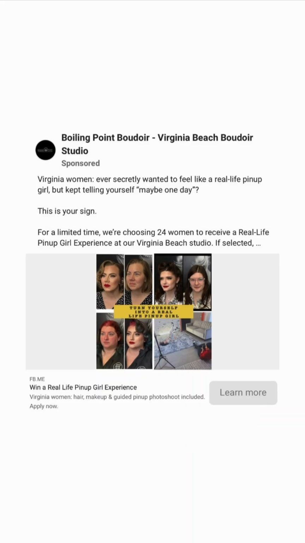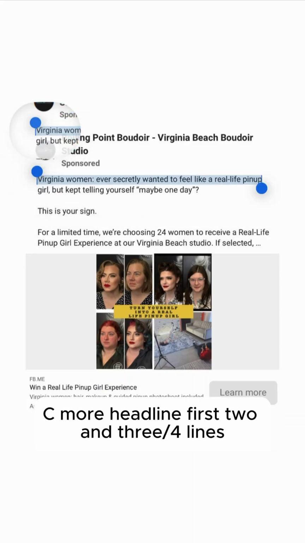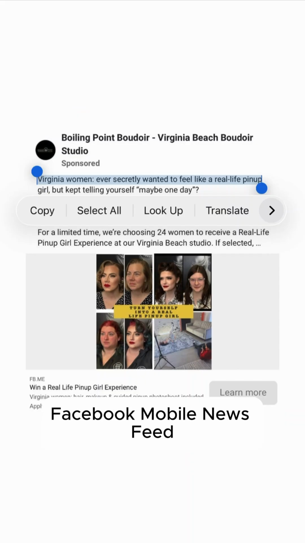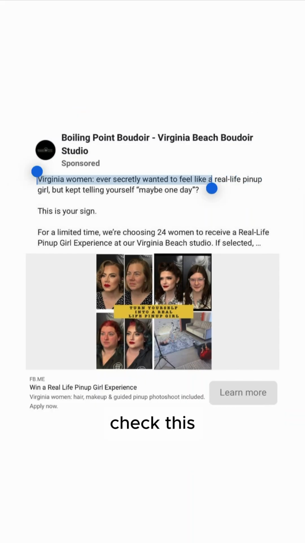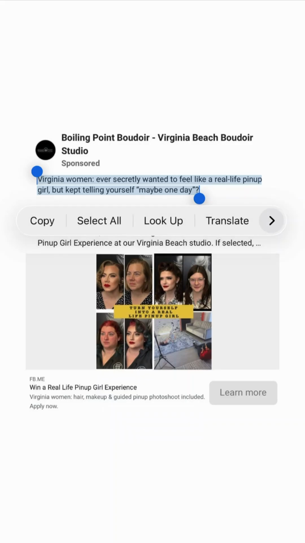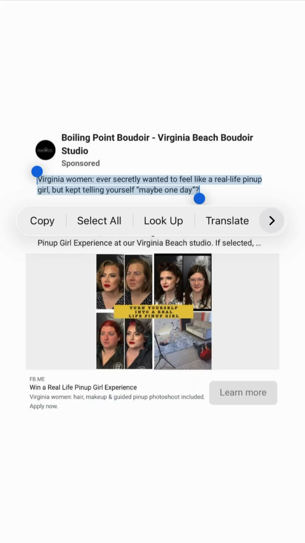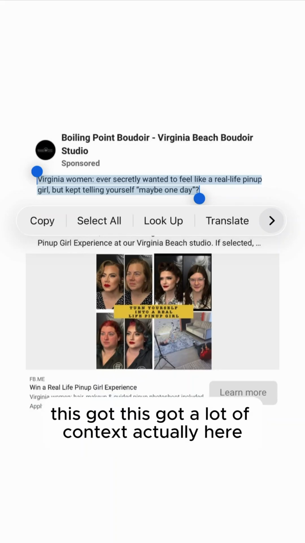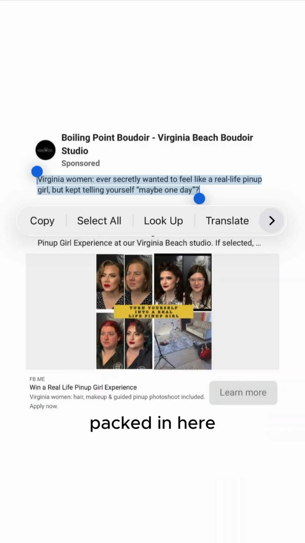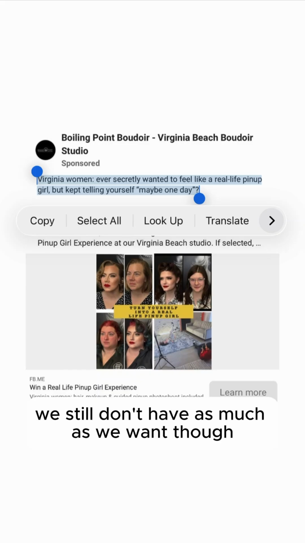Finally, we're going to look at the see more headline, the first 2 3/4 lines on the Facebook mobile news feed. Check this: Virginia women. Okay, all right. It's got a lot of context packed in here. We still don't have as much as we want though.